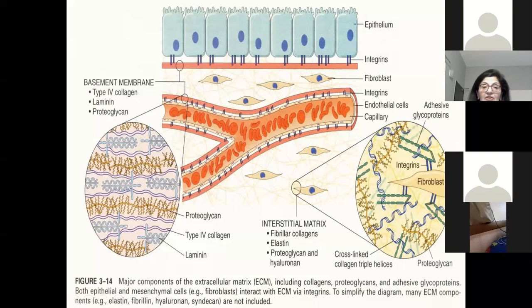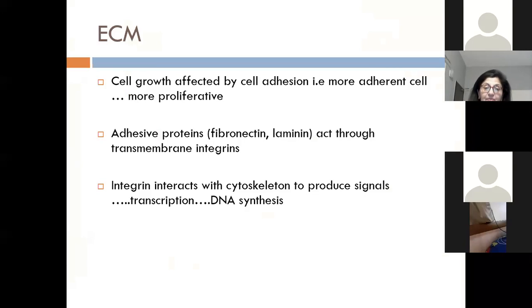Now, what is the function of this extracellular matrix in these insoluble signals? Cell growth is affected by cell adhesion. The more adherent the cell, the more proliferative it is. So the adhesive proteins, which are fibronectin and laminin: the cell signals are sent from one cell to the other in this connective tissue or extracellular matrix through anchoring on the fibronectin and laminin to the other cell.